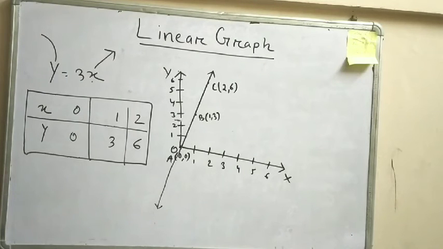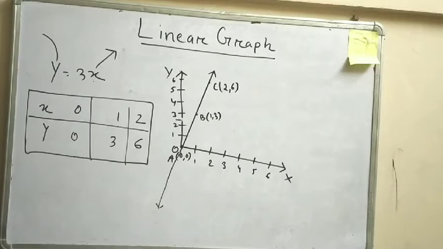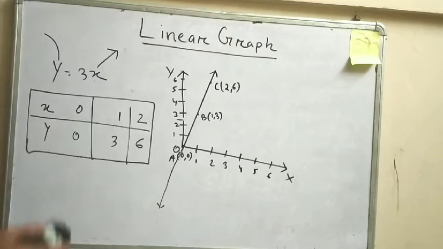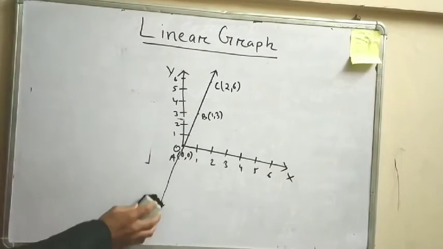So today in class we are going to discuss some linear graphs, and one of the linear graphs is the distance and time graph. So let us understand what the distance and time graph is.